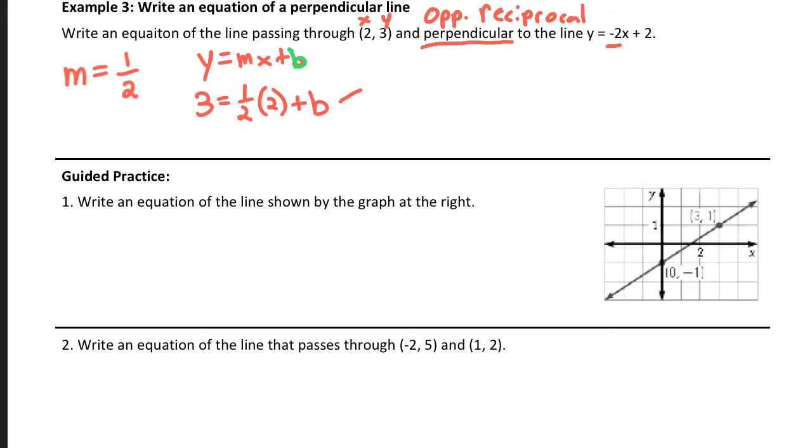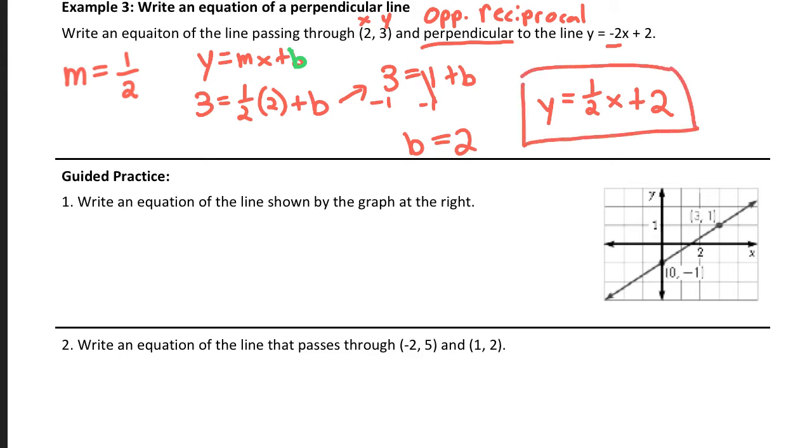So again, just to show my work, 3 is going to equal 1/2 times 2, which is 1, plus b. And then to solve that, subtract 1 from both sides. B is 2. So that gives me all the information I need to write my equation. y equals 1/2 x plus 2. That is my y equals mx plus b equation.